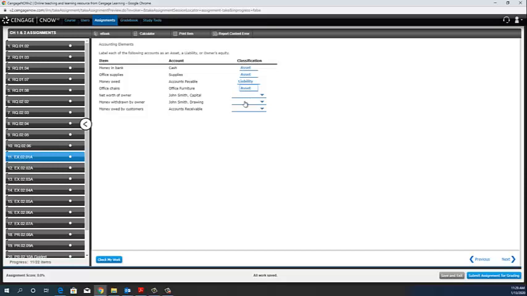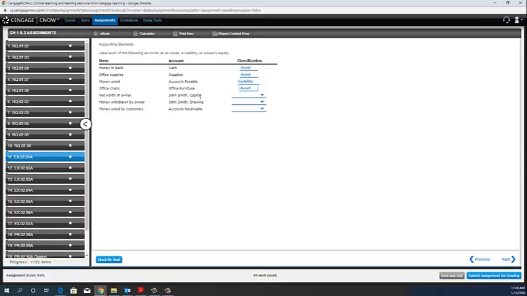The next account is the owner's capital. Now remember that there are 4 accounts that fall under the equity umbrella of a business. So owner's equity consists of capital and drawing, revenues, and expenses. The definition of capital is the net worth of the owner, or any investments that are placed in the business by the owner.